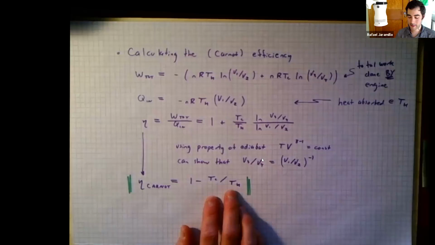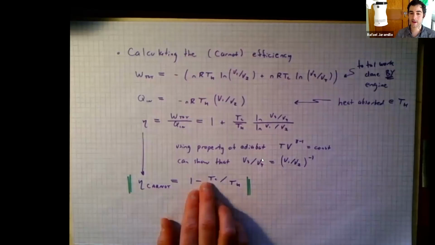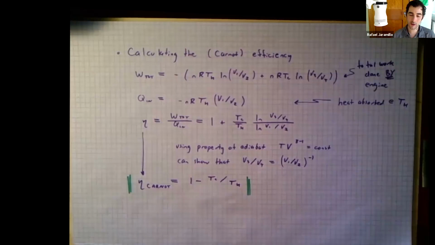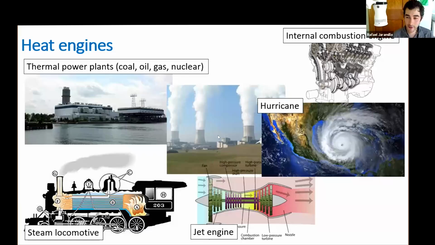And then a lot of other engineering decisions are around decreasing T cold. That's where, for example, the cooling towers come in. Especially when you have a power plant in the middle of, let's say, the prairie, and there's no ocean nearby, you don't have a really convenient cold resource. So you build evaporative cooling towers to try to get a lower T sub cold.